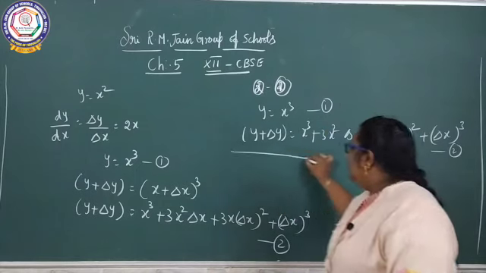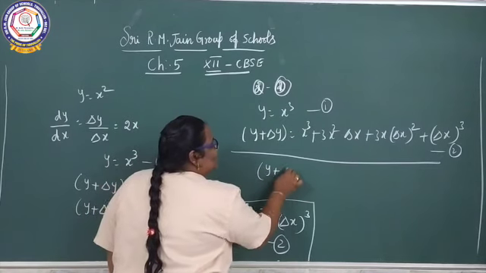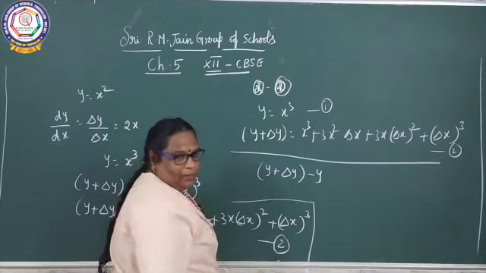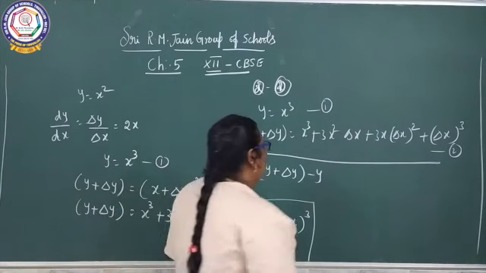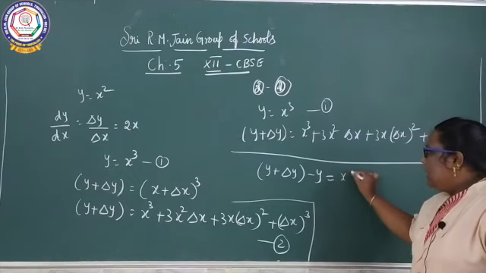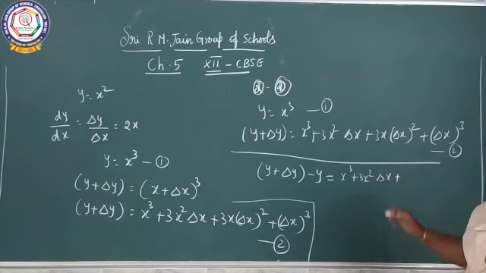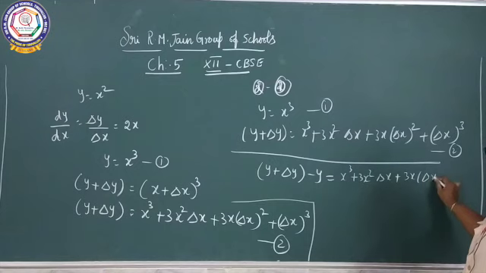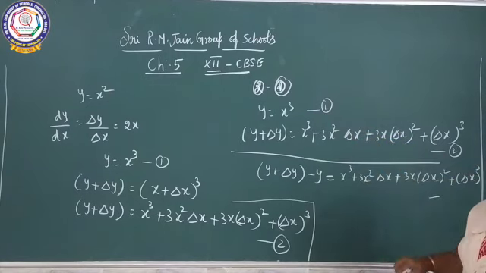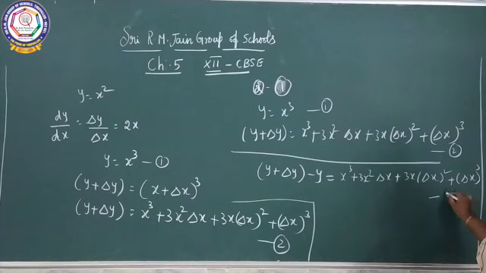What is the answer you are getting? y plus delta y minus y equal to x cube plus 3x square delta x plus 3x delta x the whole square plus delta x the whole cube, minus the value of y, which is x cube.